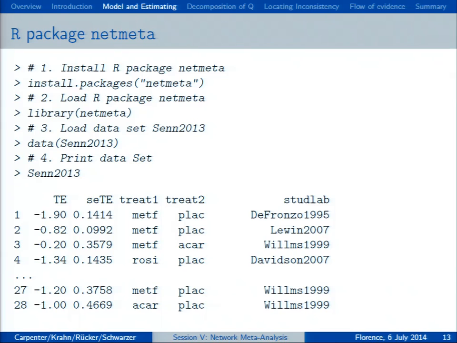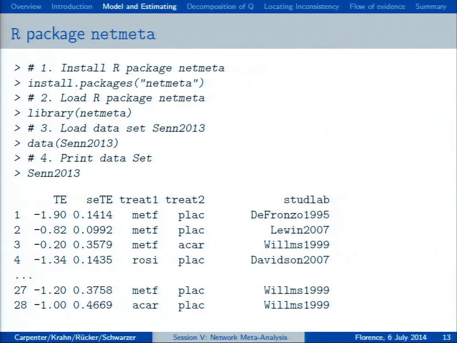We have the mean difference per study, the corresponding standard error, the treatments that are compared in this study, and one column with the study label. And for the package netmeta, it is important to have in the data all possible pairwise comparisons of all studies.